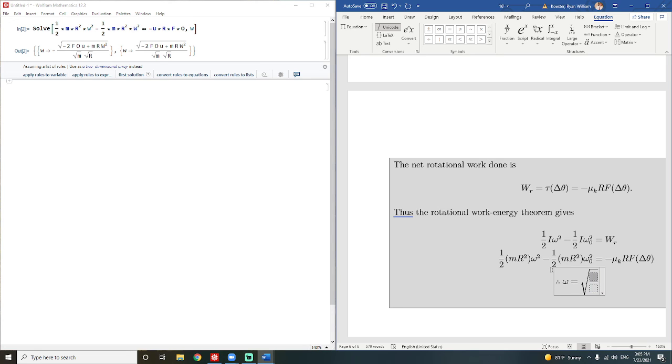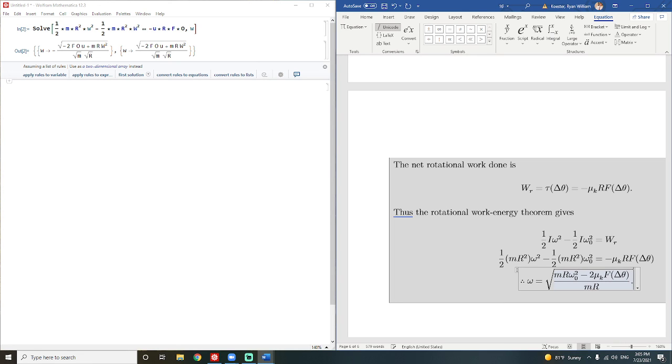And it should be omega naught squared minus 2 mu sub k F delta theta over mr. Let me just double check this, make sure I translated it correctly. That's 2 mu sub k. Okay, I think that looks good.